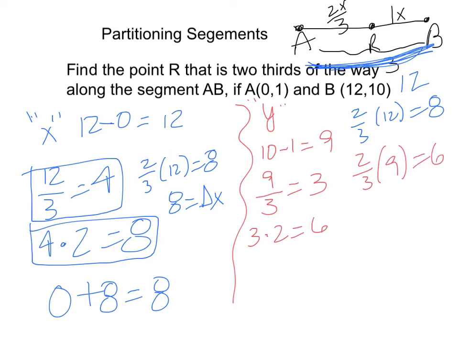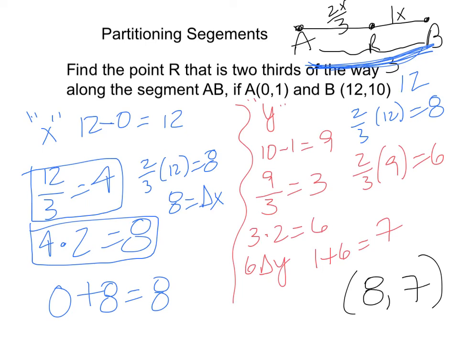Now try to keep in mind that this 6 represents the change in the y-coordinates. So we're going to start with 1 and we're going to add 6, and my new y-coordinate is going to be 7. And then the point that separates this so that it's 2/3 of the way is going to be (8, 7).